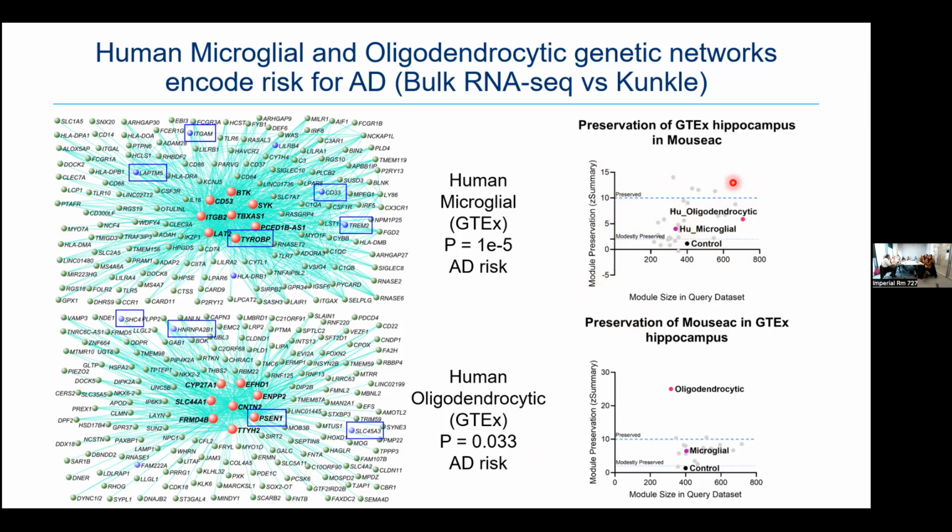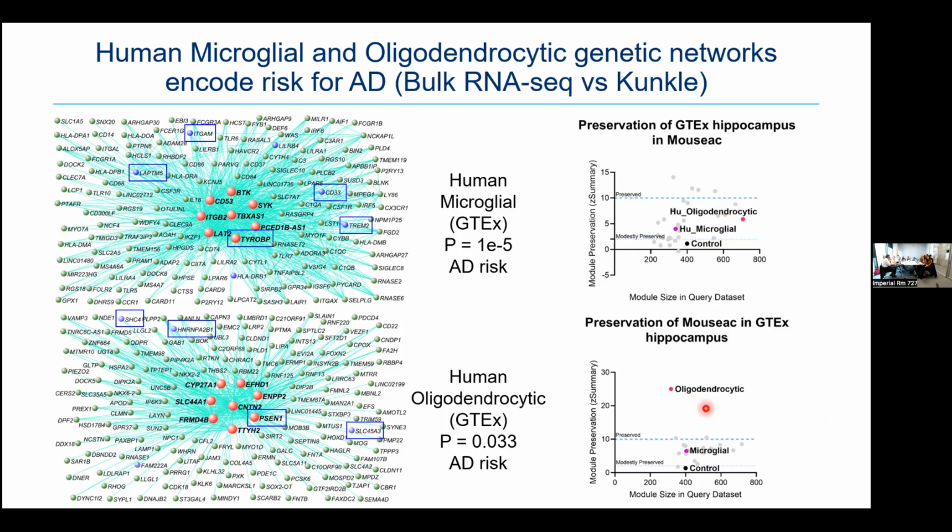And again, it's not a surprise, but it's nice to see here that the microglial and the oligodendrocyte networks show modest preservation between human and mice in terms of the age-dependent microglial network. So I guess, as we would expect, what this is telling us is that while there's a conservation of some core components between human and mice in terms of the microglial response to aging, there are clear differences as well.